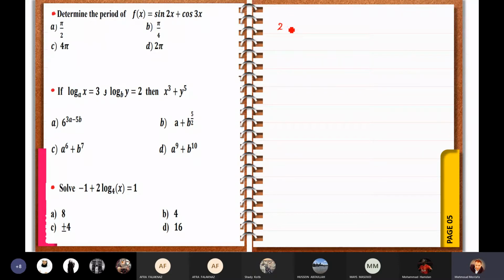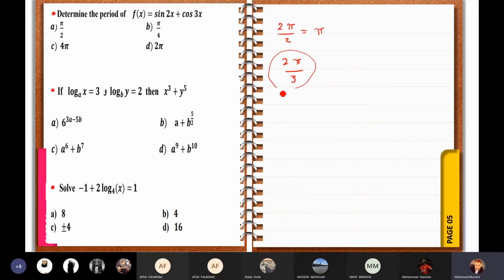The period is 2 pi over b, which is pi. This is for sine 2x. What about cosine 3x? It will be 2 pi over b, which is 2 pi over 3, right?